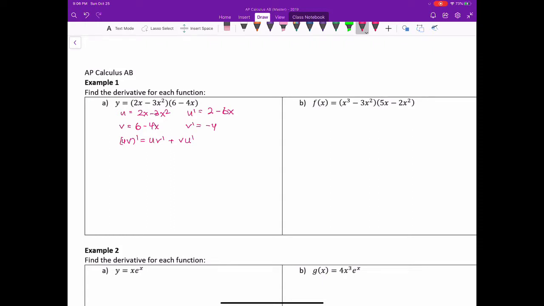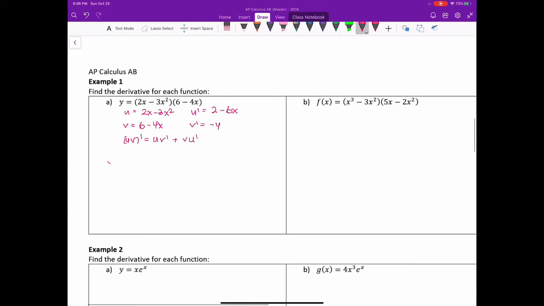That means y prime is equal to U, which was 2x minus 3x squared, times V prime, which was negative 4, plus V, which is 3 minus 4x, times U prime, which is 2 minus 6x. Technically, you're done right now, okay?